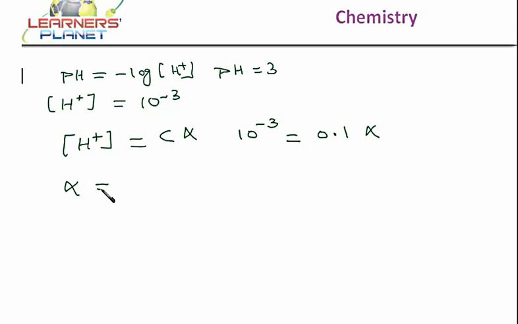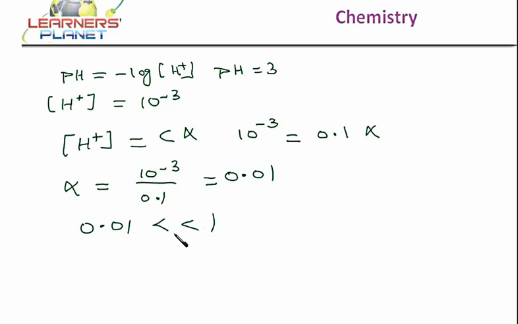So what will be the degree of dissociation? The degree of dissociation would be 10 to the power minus 3 divided by 0.1. What will come out? It will be equal to 0.01. Now this 0.01 is far less than 1.